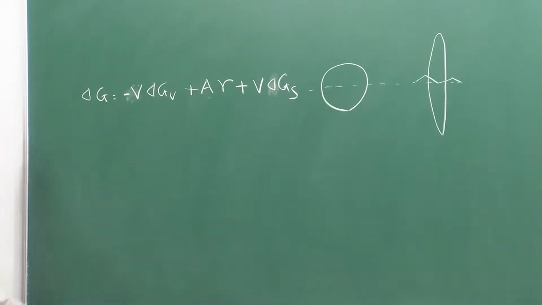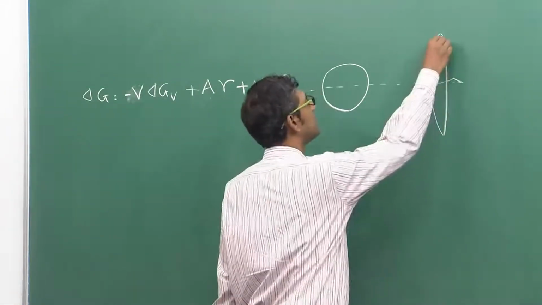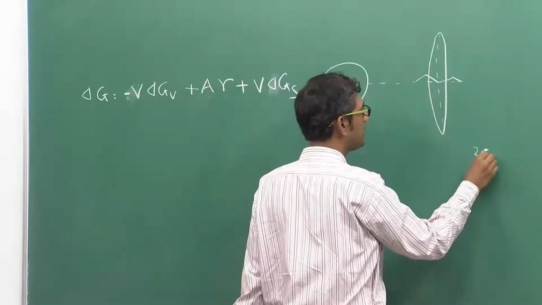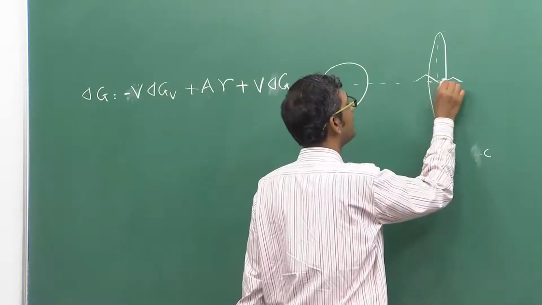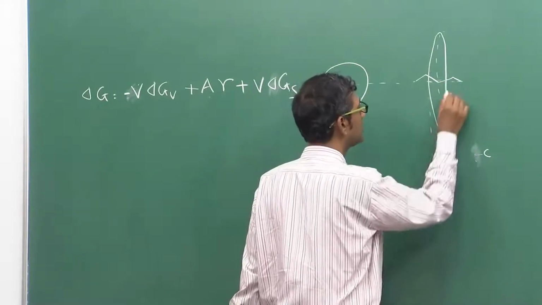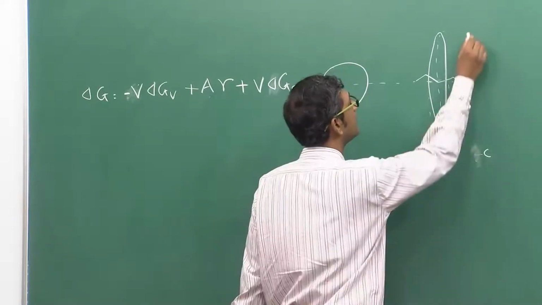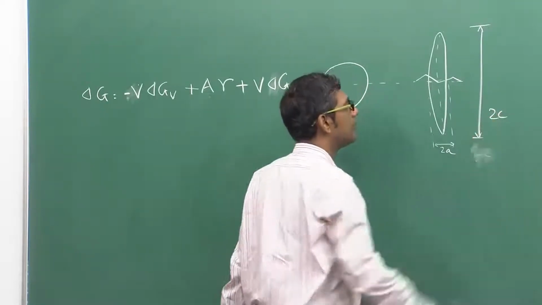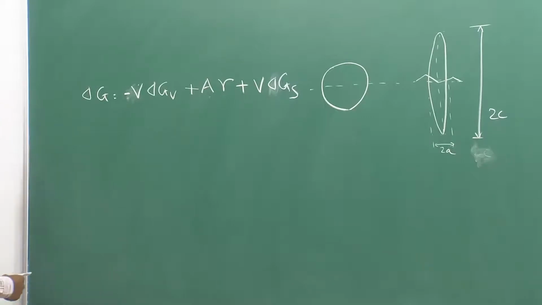So now if I assume that this ellipse has a major axis of 2C, this is the length, so C is the major axis and A is the minor axis. As you know, A is the minor axis, so this is 2A and this length is 2C. If I assume that, then we can get these values, volume and area, very easily.